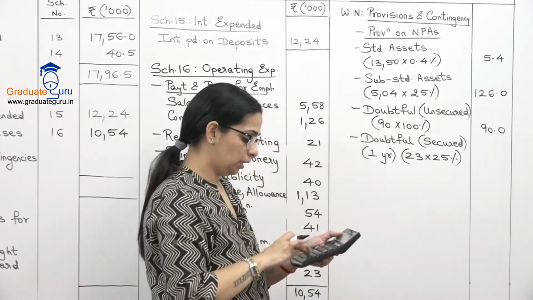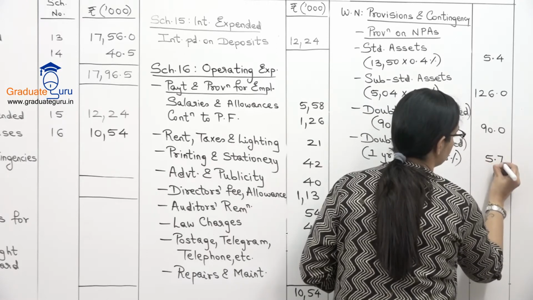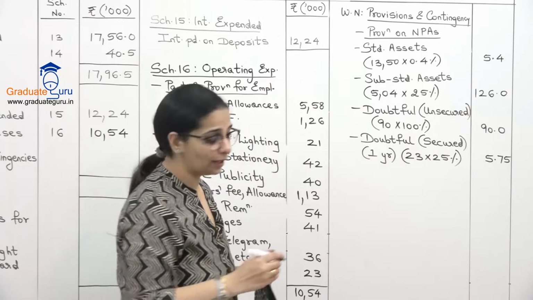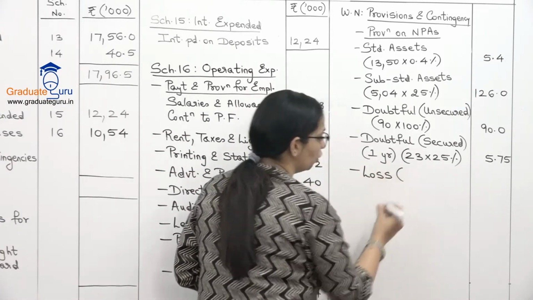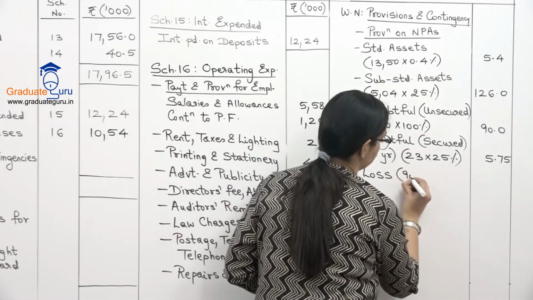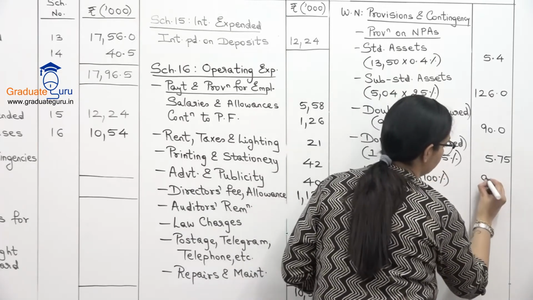So 23 into 25% is 5.75. And then finally we have loss assets, and loss are always full 100% provision. So 90 into 100%, which is 90 again.